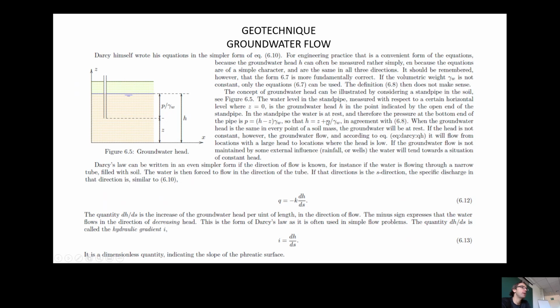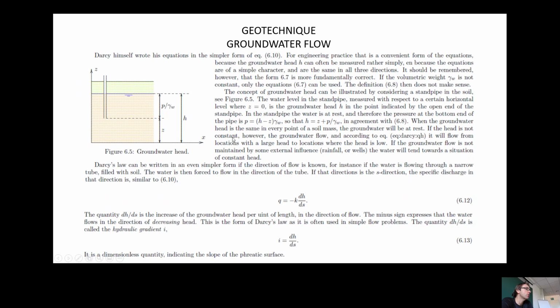When the standpipe is at rest, we can have a pressure at the end of the pipe that is P equal to H minus Z times gamma W. So that, as we said before, H is Z plus P ratio gamma W. When the groundwater head is the same in every point of the soil water, of course the groundwater will be at rest.